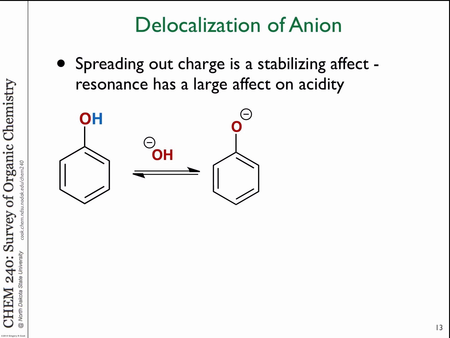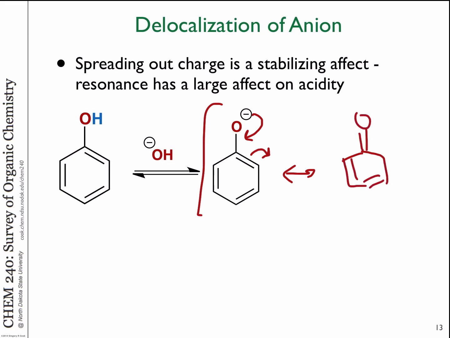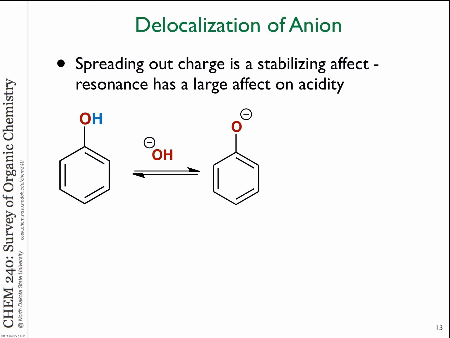It's more acidic than isopropanol, for example. And that's because this negative charge actually spreads out. It's not localized in one place. And we can draw several different forms of this where that negative charge has moved to that carbon.